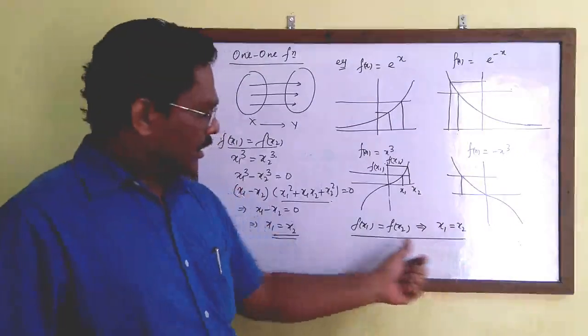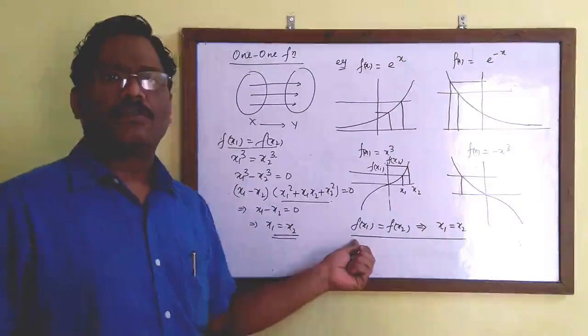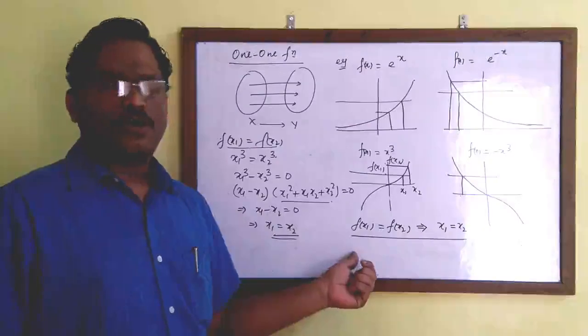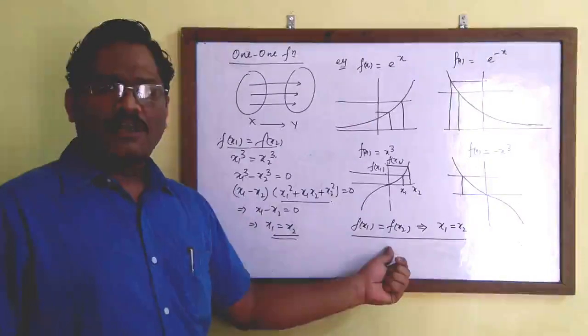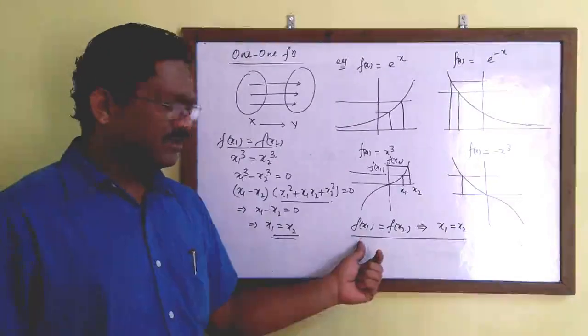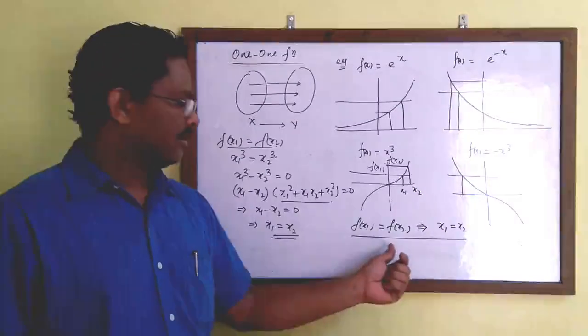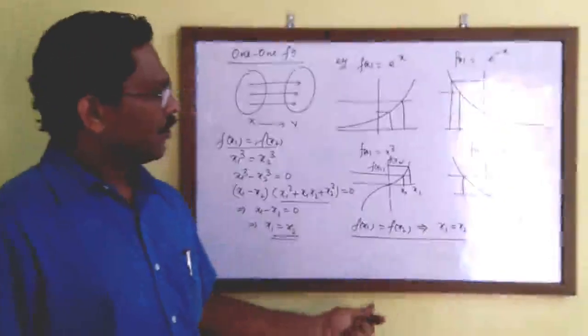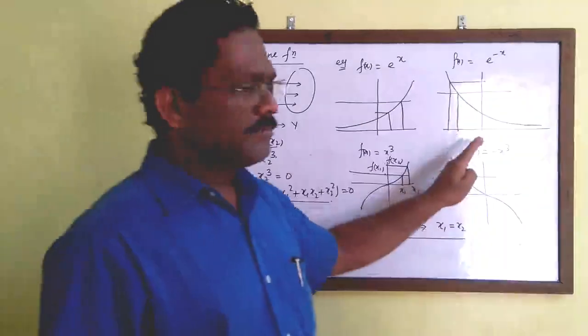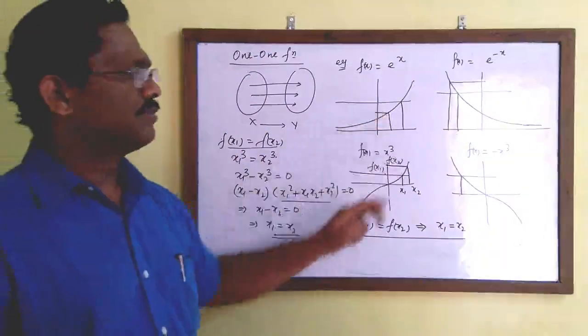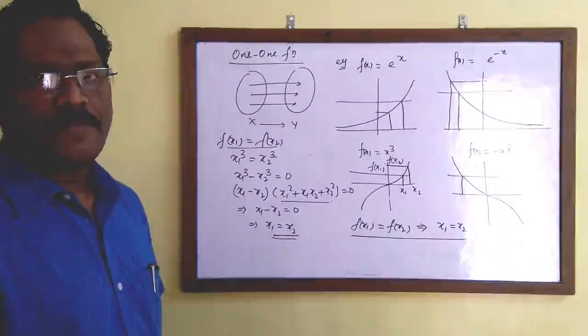Now, this method should be applied only for those functions whose graph you cannot draw, or functions which are discontinuous and non-differentiable. Now, see, there is a third method, which is in fact the most important amongst all of them.